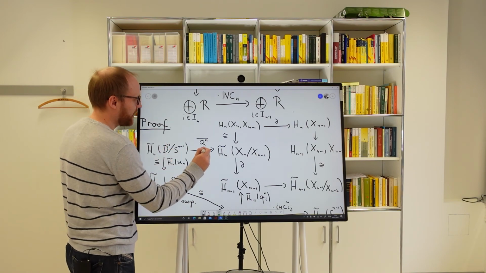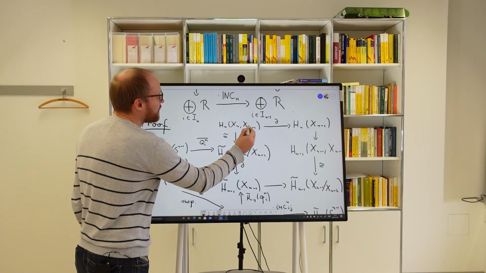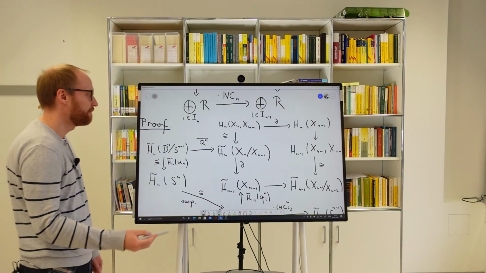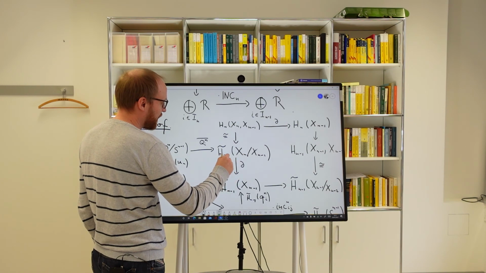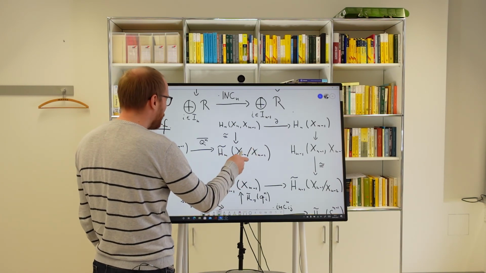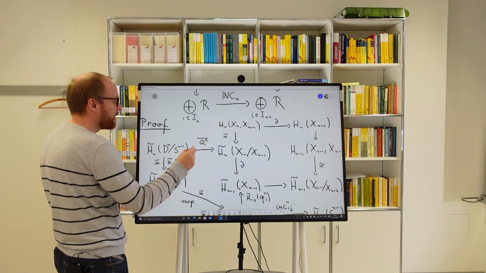Consider this composition here in the diagram, and I say this composition is the inclusion of the i-th direct summand in the direct sum decomposition of the n-th cellular chain module. This was a bunch of n-spheres glued together at one point, and this characteristic map singles out the n-cell indexed by i.